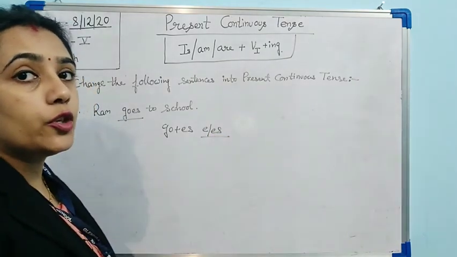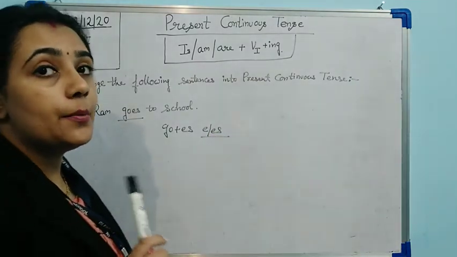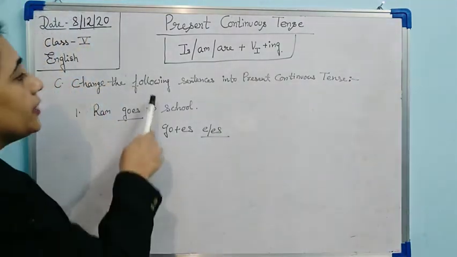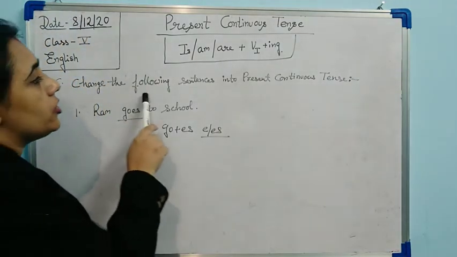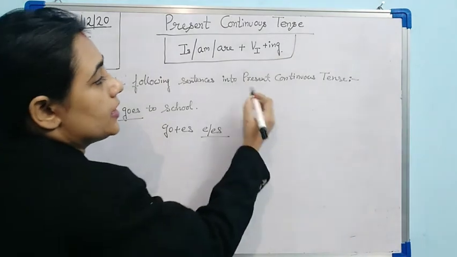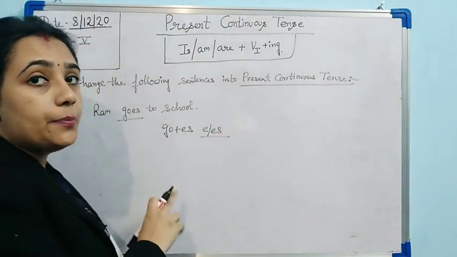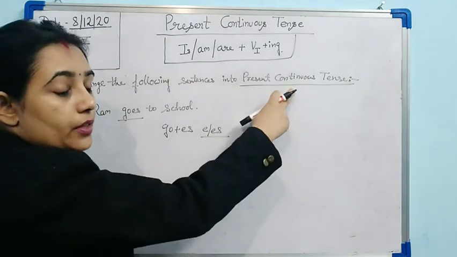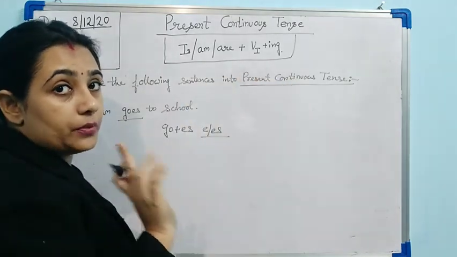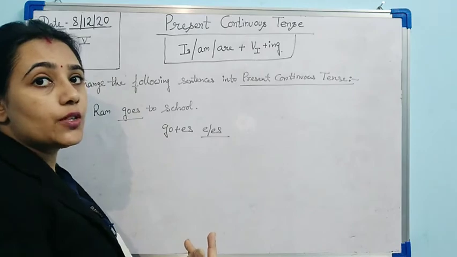I taught you this when I was teaching the chapter simple present tense. So, if it is said to change the following sentences into present continuous tense, we have to keep the verb in present continuous tense form. Then only the sentence will be in present continuous tense.